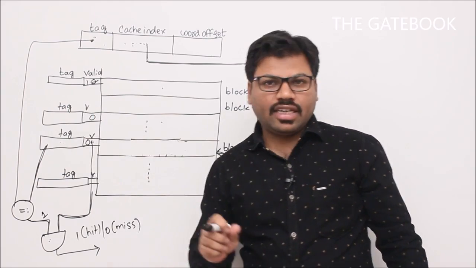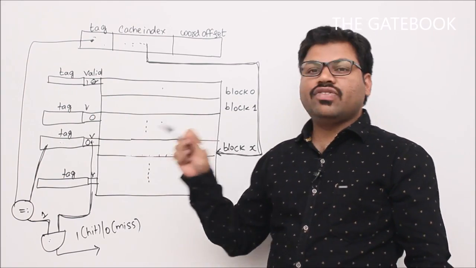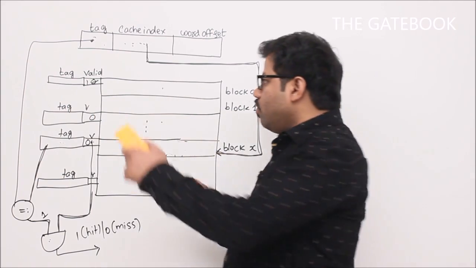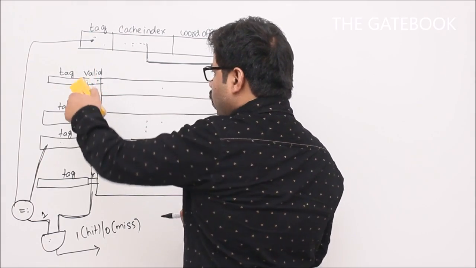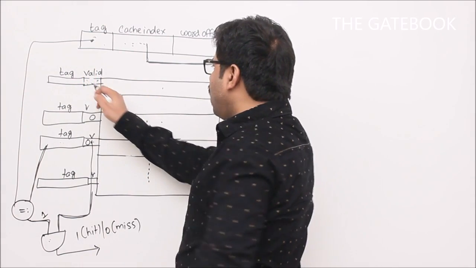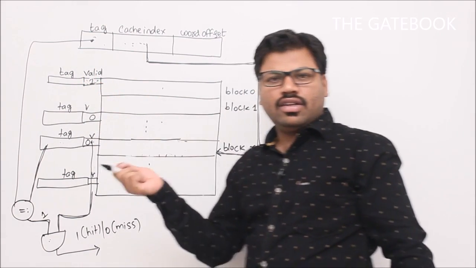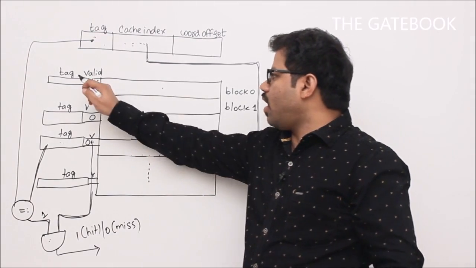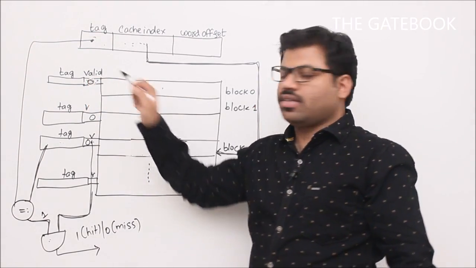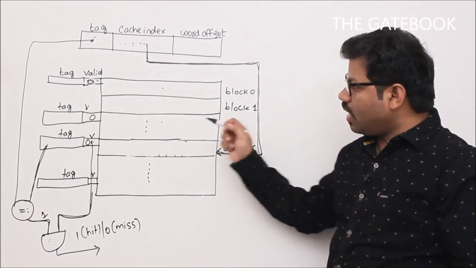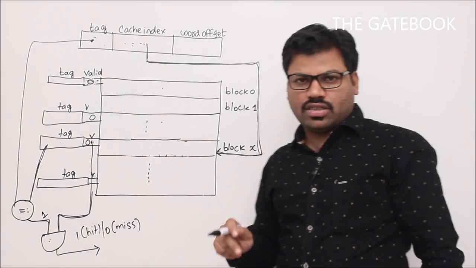So the valid bit says whether the existing data is valid or not. It may be confusing: sir, whenever data is available, automatically the valid bit is 1, and if there is no data available, then the valid bit is 0, right? Yes, that's it. But what is the purpose of the valid bit? There are two reasons.